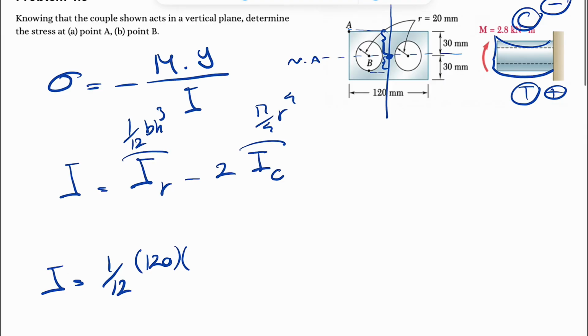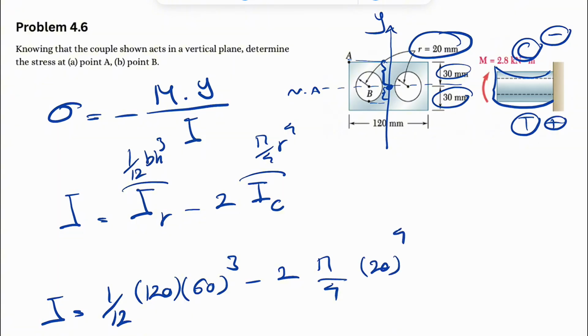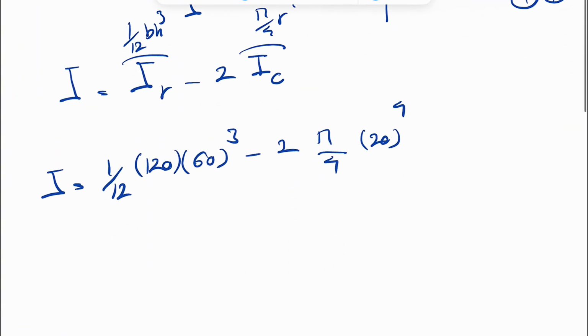All right, the height of this rectangle is going to be 30 plus 30, or 60. So 60 to the power of 3, minus 2 times pi divided by 4. And the radius of the circles is 20 millimeters. I'm just going to keep everything in millimeters, so at the end our unit would be millimeter to the 4. Now we just have to figure this out.